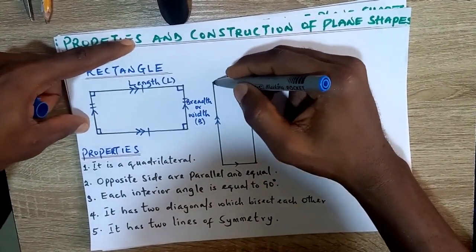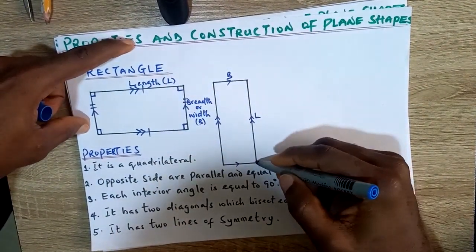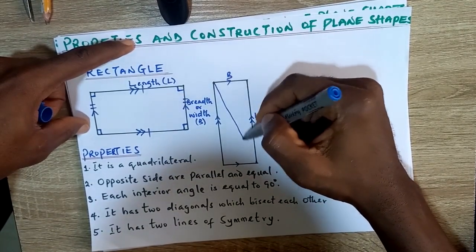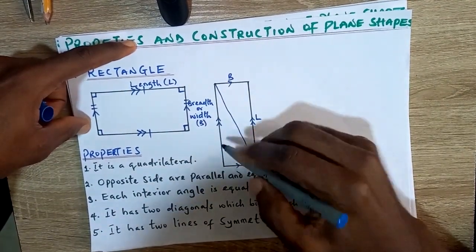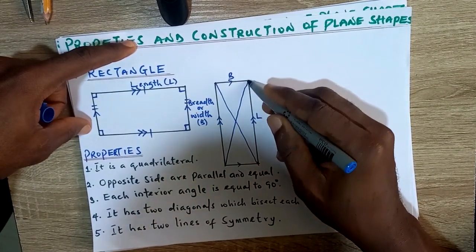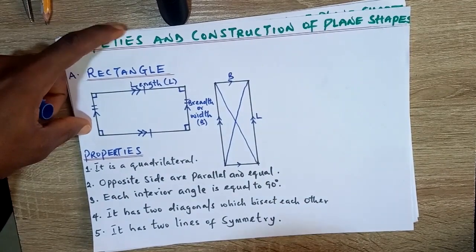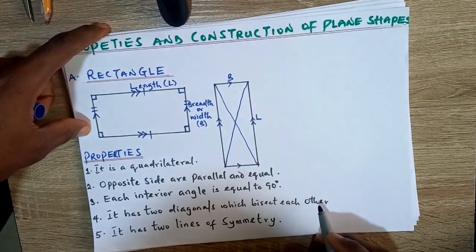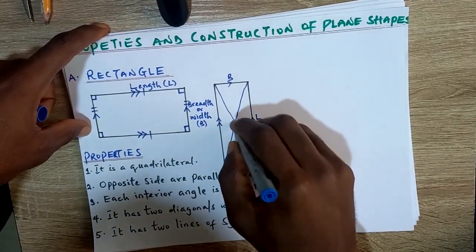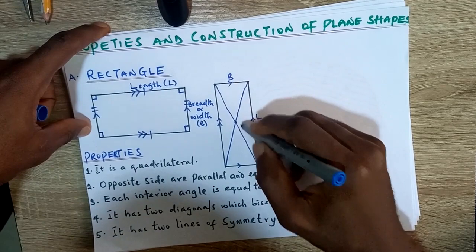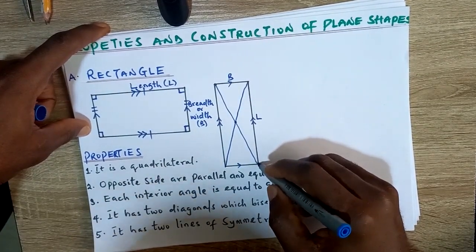It runs from here to this point. That's a diagonal. And from here to this point, that's another diagonal. So we say they bisect each other. That means the point where they meet, from this point to one side, it will always be equal from the same point to the other end.